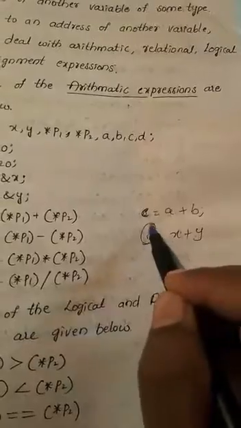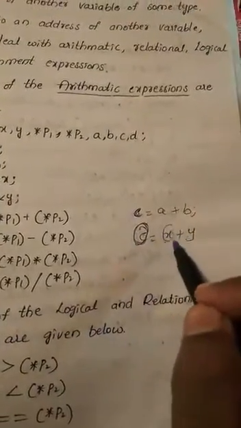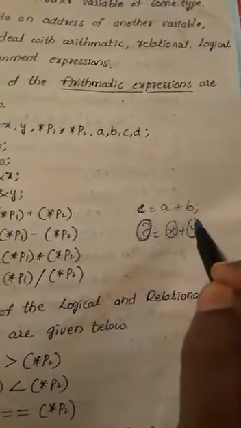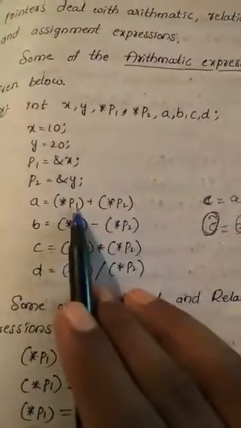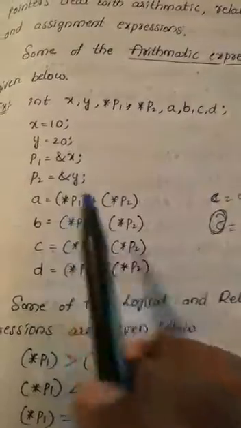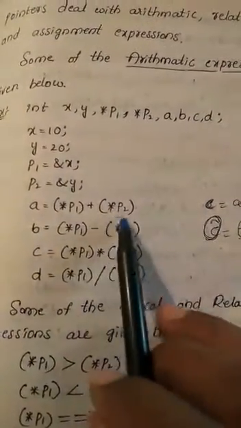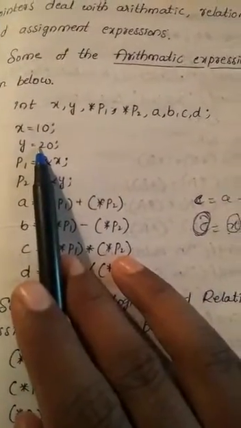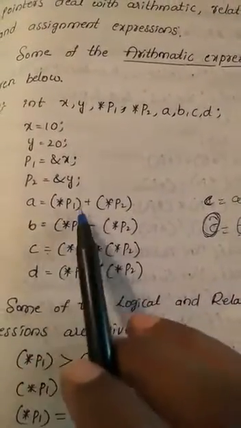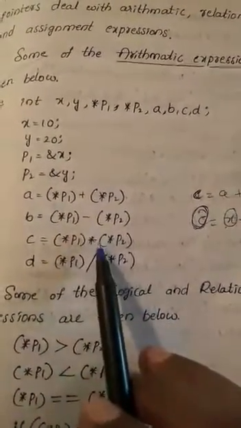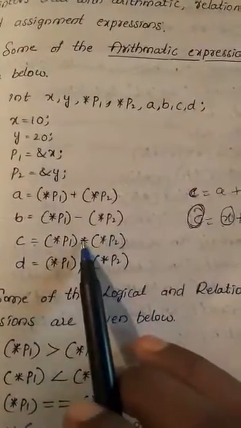The result will be stored in c. Normally we do this, but we can perform this arithmetic operation with the help of pointers also, like this: star P1 plus star P2. Star P1 means the value of x, 10, plus star P2 means the value of y, 20. So 10 plus 20 is 30. The a value is 30. Similarly we can perform subtraction, multiplication, division also.